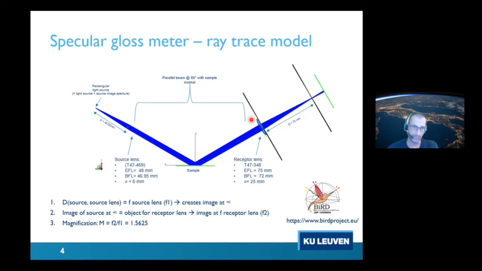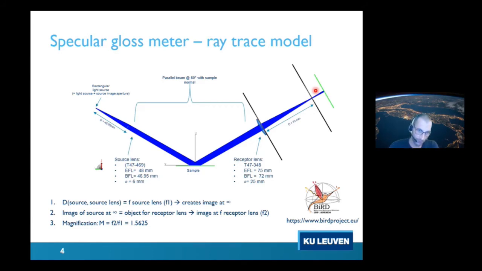In this figure, we have a black reference sample, so we only have Fresnel reflections, and this parallel beam is focused onto where our detector aperture is. Behind this, the green area is our detector itself.